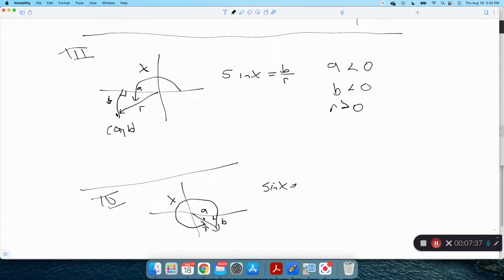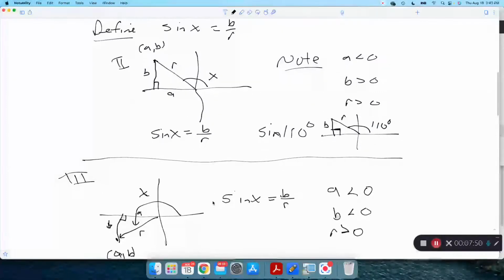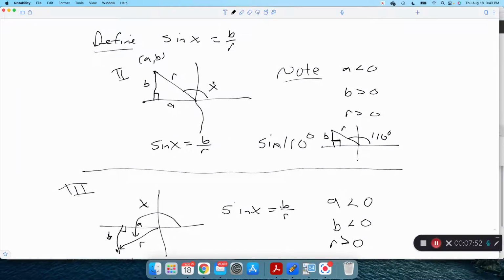Sine is opposite this reference angle over R, hypotenuse. So in every one of these, we can still think opposite over hypotenuse. But by opposite, we don't mean this angle X. Angle X doesn't have an opposite. Opposite this reference angle that lives against the horizontal axis.